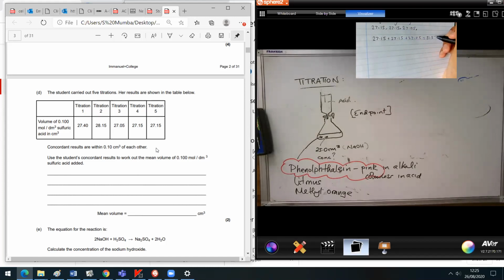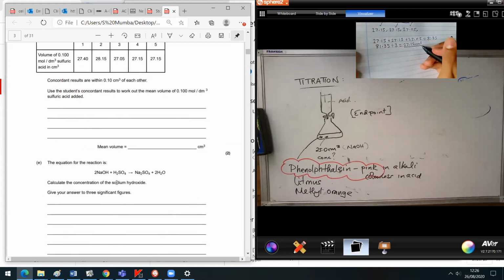And then divide 81.35 by 3. And then you get 27.116. Should I do 27.12 to 2 decimal places? Well done. 27.12 is exactly what you're going to be using. Centimeter cubed. Job done. Good.